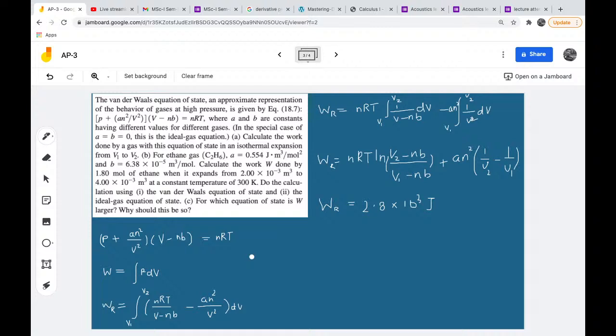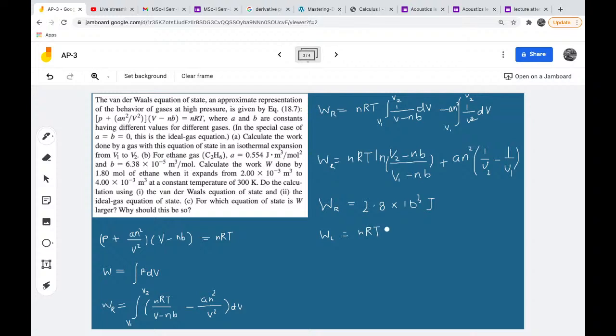Now what is the work done in ideal gas? If I assume that it's an ideal gas, then how much work will I do? What is my formula? You again take this same thing, but instead of P being replaced by all these, it will be replaced by nRT by V. So the integral is simple. Work done in an ideal gas situation, you are all familiar, is the isothermal work done in an ideal gas.